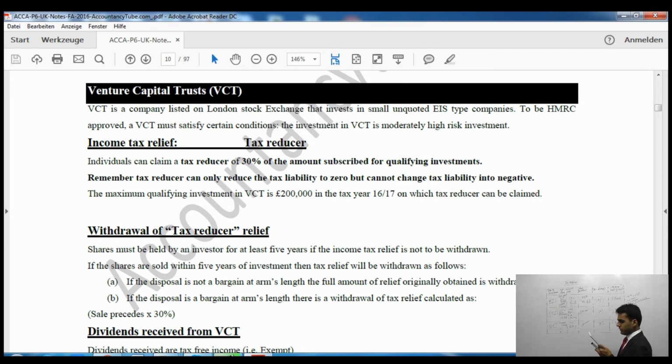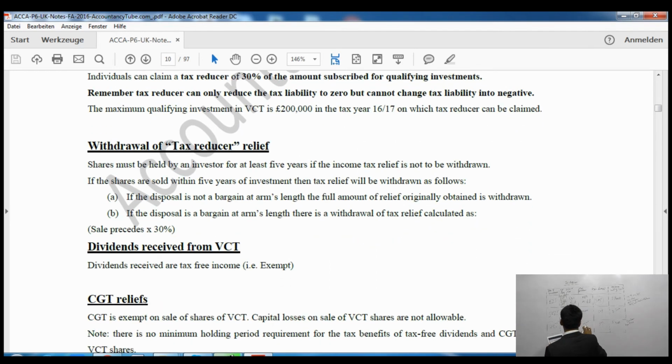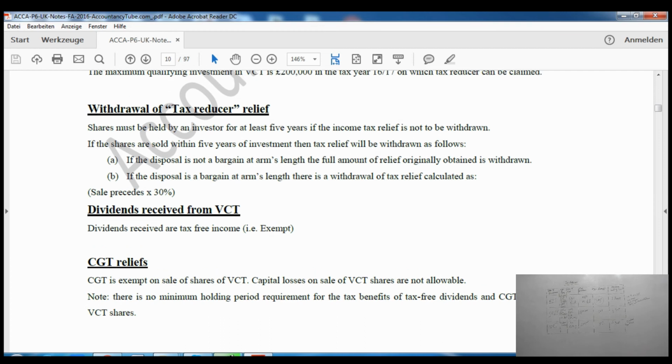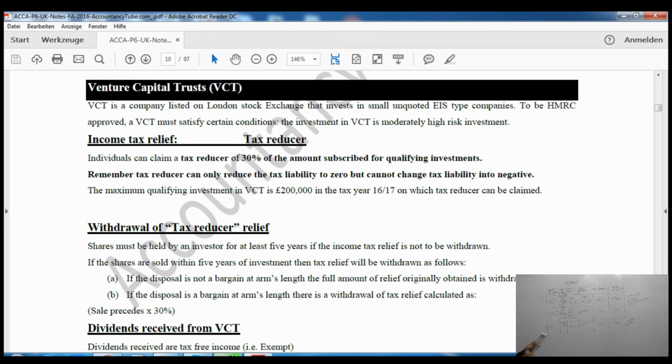I told you on the board £300,000, whereas it says maximum qualifying investments are £200,000. Sorry for that. Just rectify on your notes. I am very weak on the memories. £200,000. So maximum you can invest is £200,000. Apart from that, everything is fine.